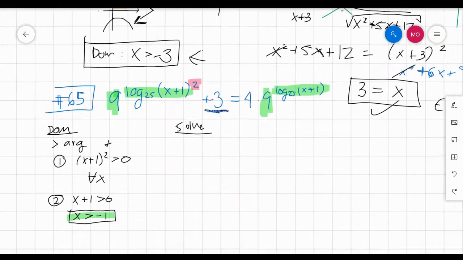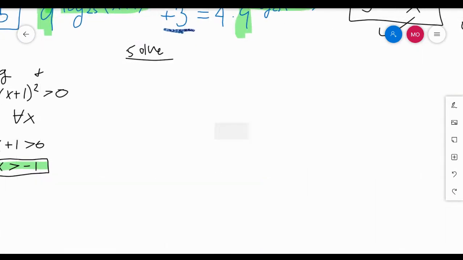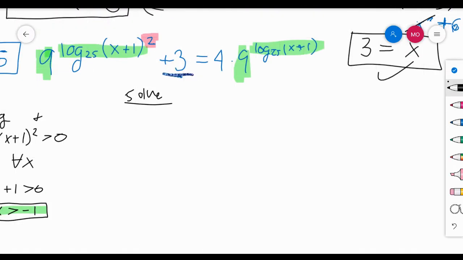So let me just use this result directly here. I think I want to zoom a little bit. All right, so we said that this is now 9 to the power of log base 25 of x plus 1, and this entire thing is squared.